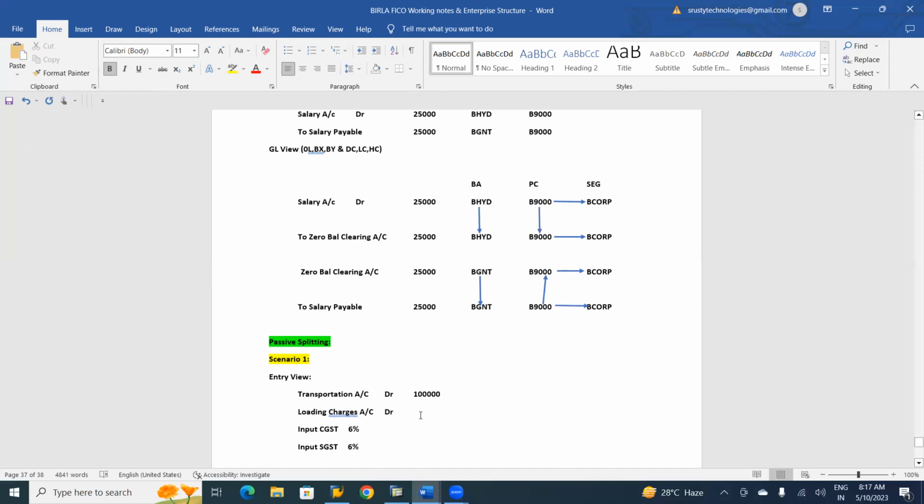Loading charges, 50,000. So on 1,50,000, 6% will become 9,000. Here, instead of this, I'm giving cost center. It comes under CO module.